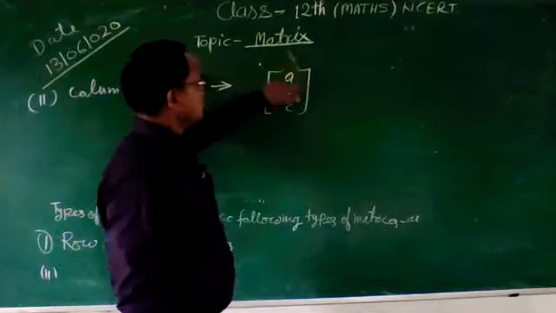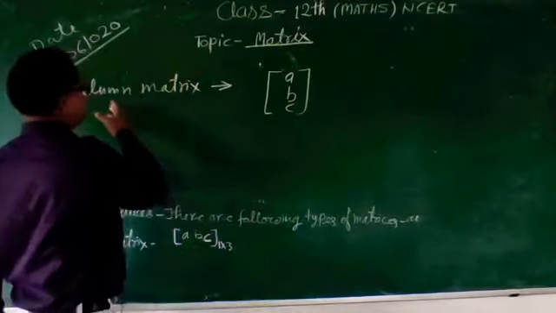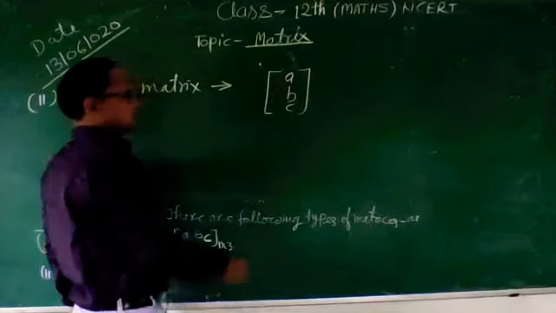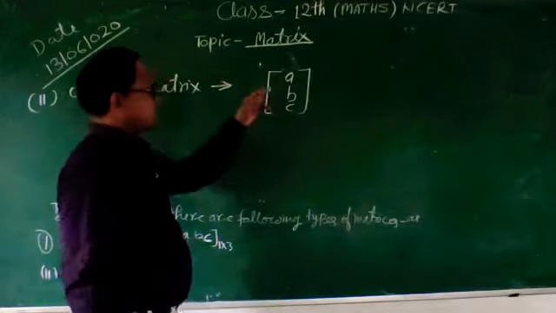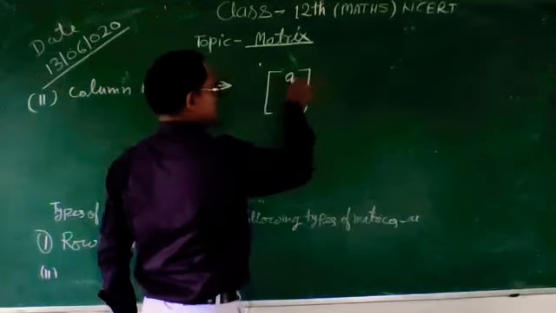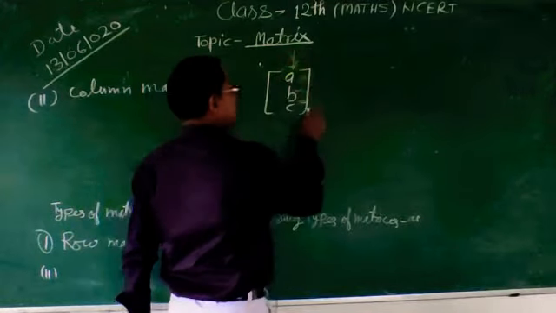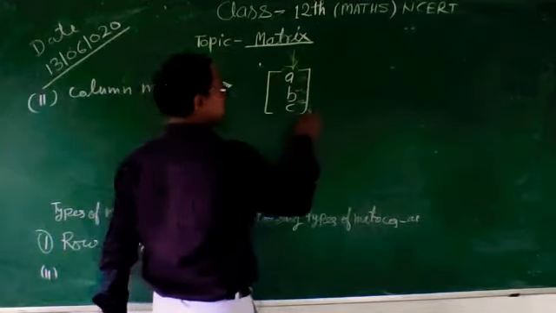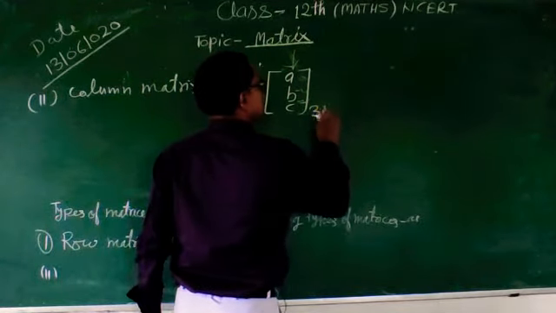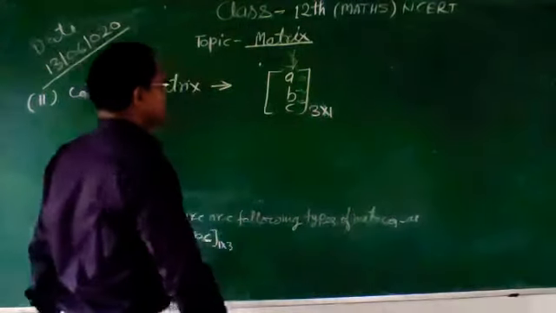This form is known as a column matrix. In this case, we observe that there are three rows and one column. Thus we denote it 3 into 1: 3 rows and 1 column.